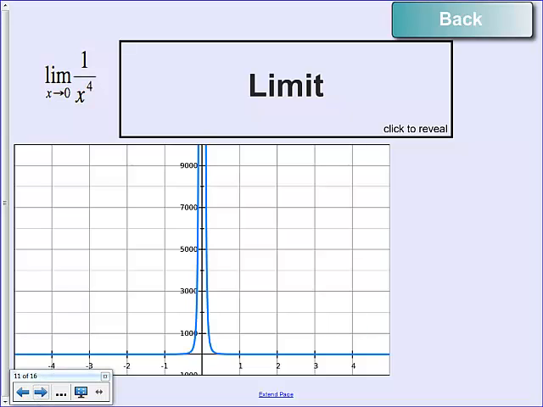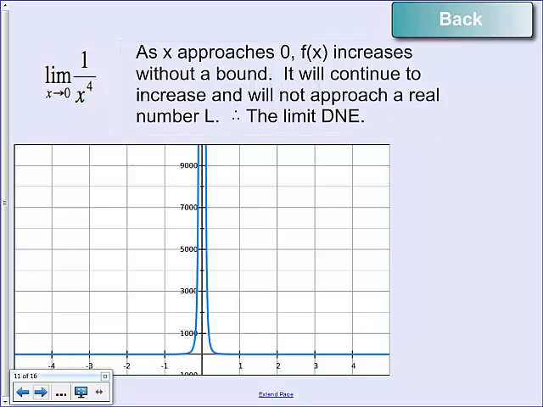Okay. Now here. Well, from the left, it's approaching infinity. From the right, it's approaching infinity. But let's talk about that. Is infinity any really specific value? Infinity is just infinity. That side of infinity could be 1,000,000. That side of infinity could be 10,000,000. So would they be approaching the same thing? No. So in this case, the limit does not exist.